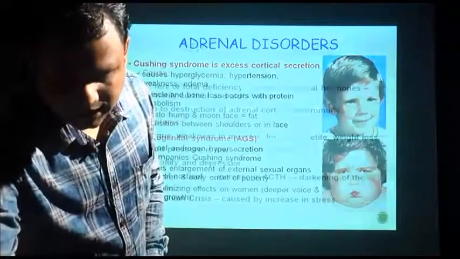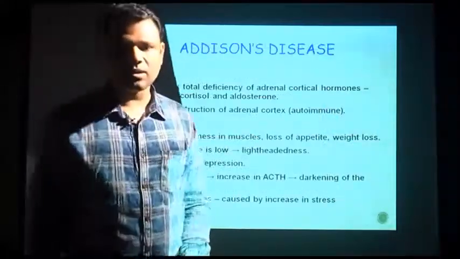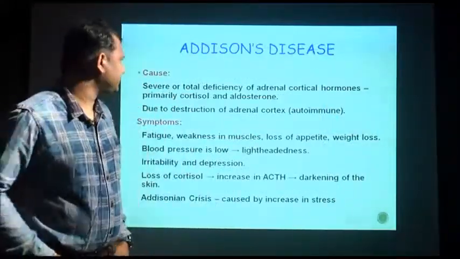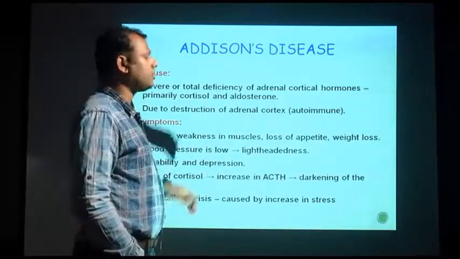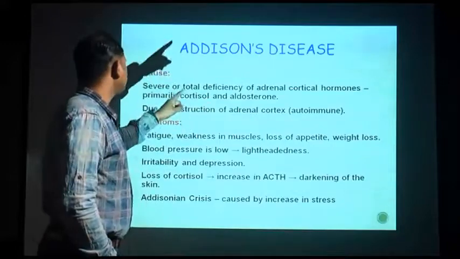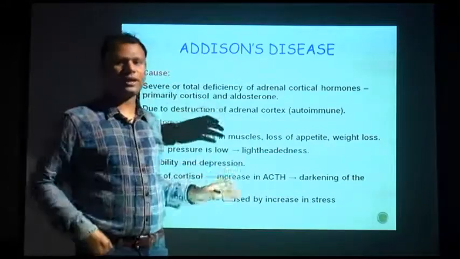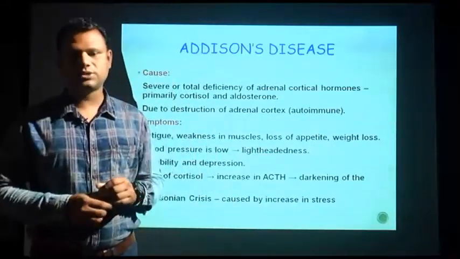The most important disorder which we are going to discuss is Addison's disease. This is also caused by the deficiency of adrenal cortical hormones, primarily cortisol, and associated with aldosterone also.